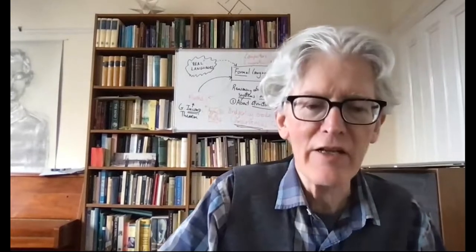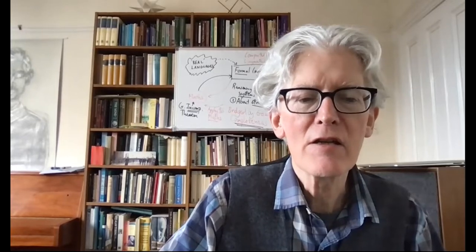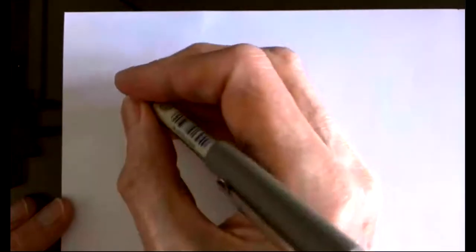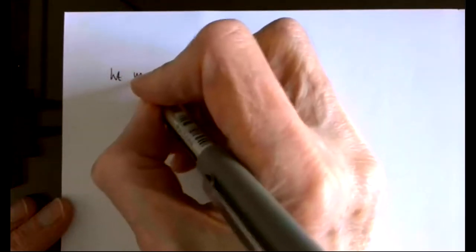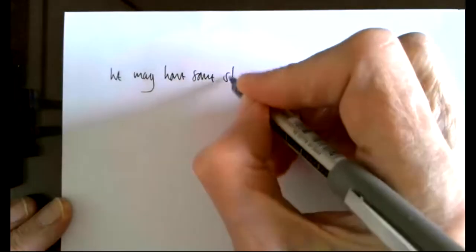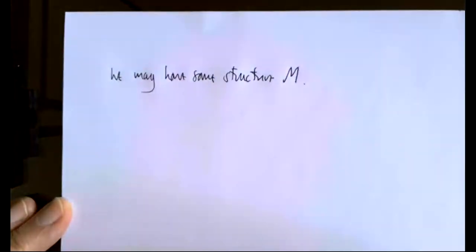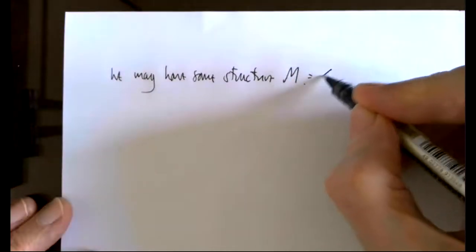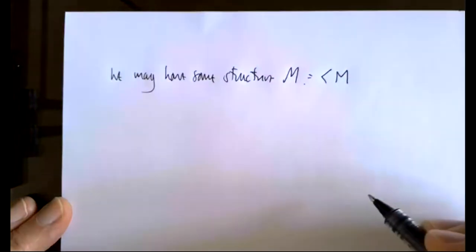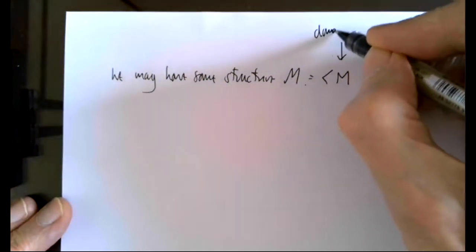So the idea here is, okay, so we may have some structure, M, and maybe it's got some domain, and I'm going to write this for the domain of M.